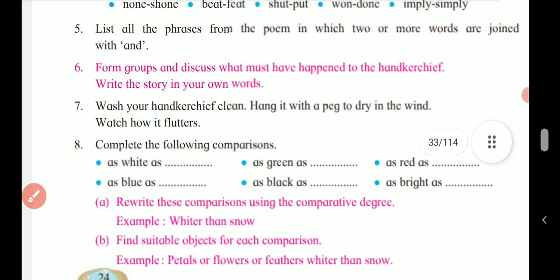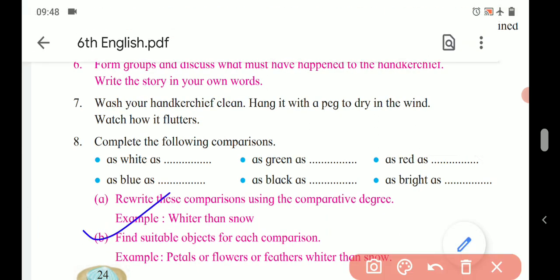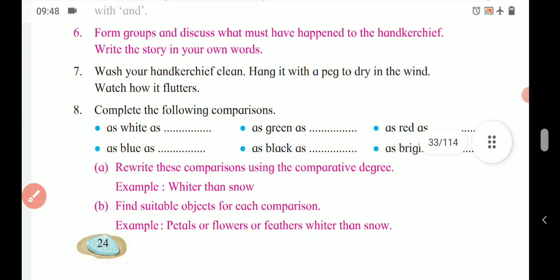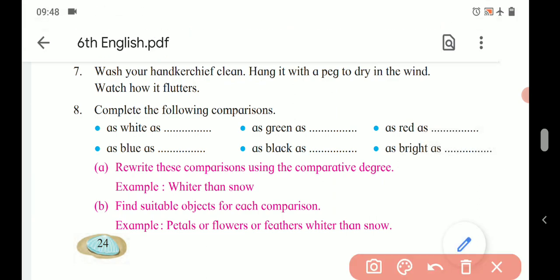Next, that is B, find suitable objects for each comparison. For example, petals or flowers or feathers whiter than snow. So you have to think of two white things, and using this phrase of comparison, you have to make a new phrase.